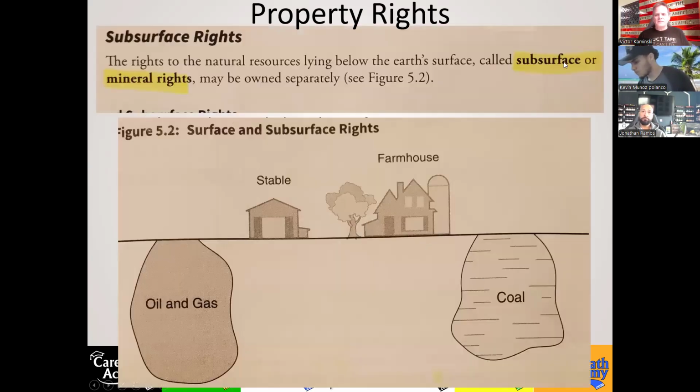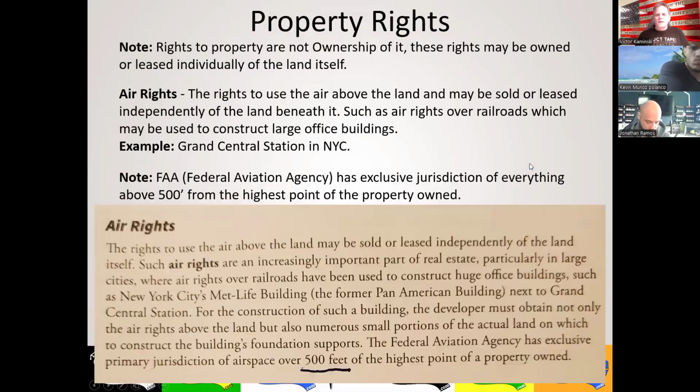So these are the subsurface rights, anything beneath the surface, the oil, the gas, the coal, the gold, the silver, or whatever kinds of other minerals there may be lying below the surface. So note that rights to the property, once again, are not ownership of it.